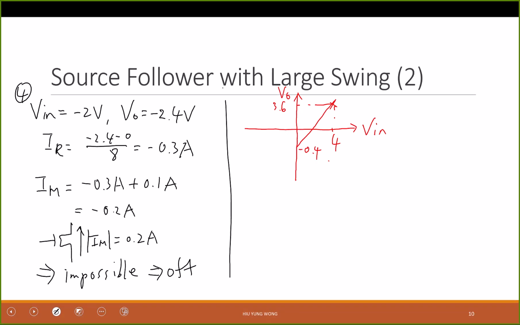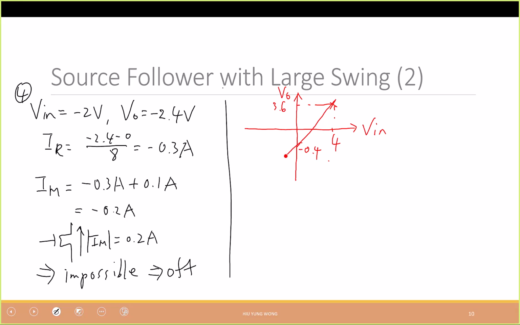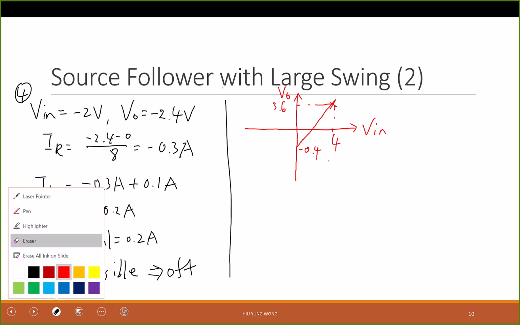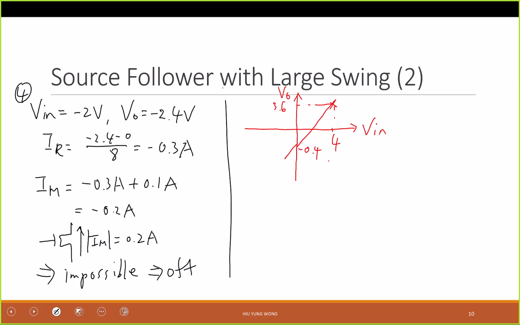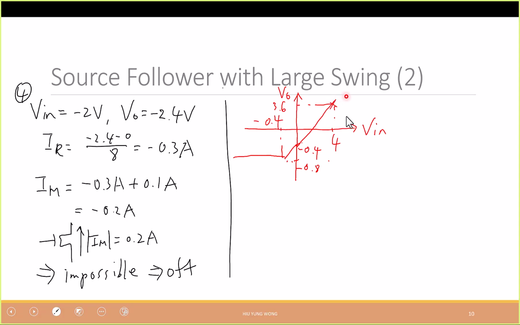Is that okay? And then I make the input lower, and eventually it just flattens out. I need to draw a better one, because it's really flat. And this is the point, negative 0.8, when your input is negative 0.4. Is this okay? You just keep going down. You shift it. Ideally, for a source follower, you want x equal to y, but this is shifted because of the VTH.